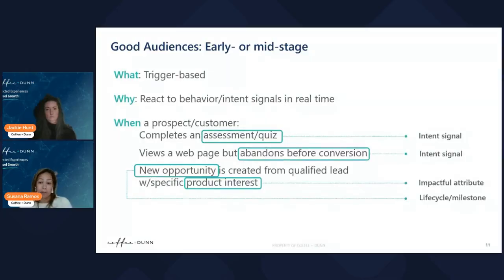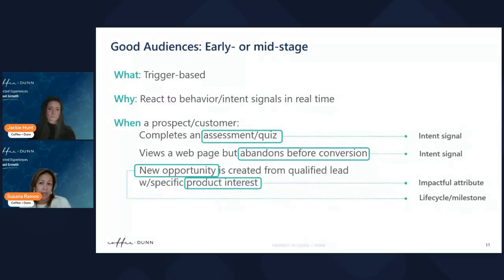And we are combining some where we have the activity that's happening in Dynamics. So in this case, they're hitting a specific milestone. So they're starting to progress in the life cycle process. And so a new opportunity gets created from that qualified lead, and there is a specific product interest. And that could be from a number of different ways.